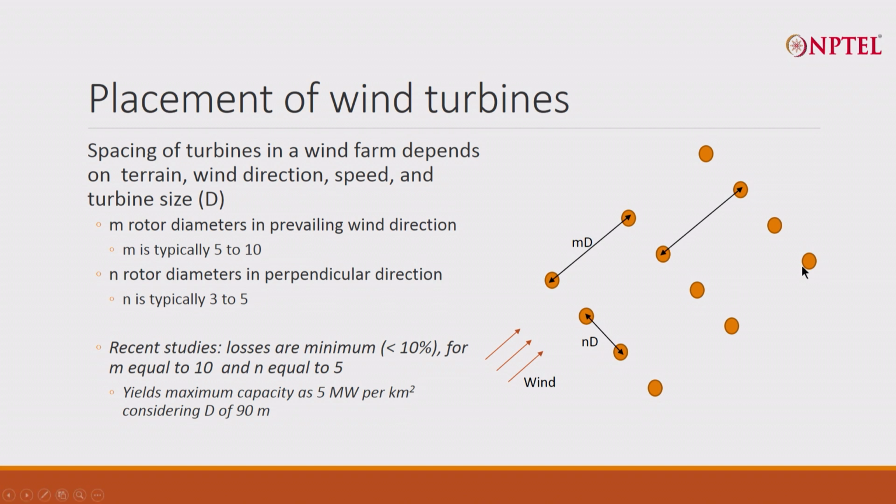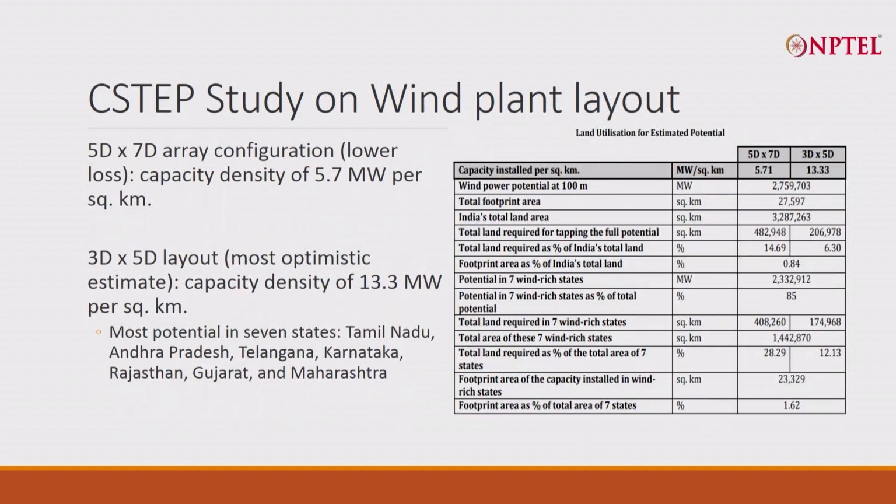D is the diameter of the turbine. There are lots of different studies that tell you the maximum wind power that you can generate in the country. Of course, there are people using 5D, 7D, but there are other windmills which seem to be working very well at 3D, 5D.